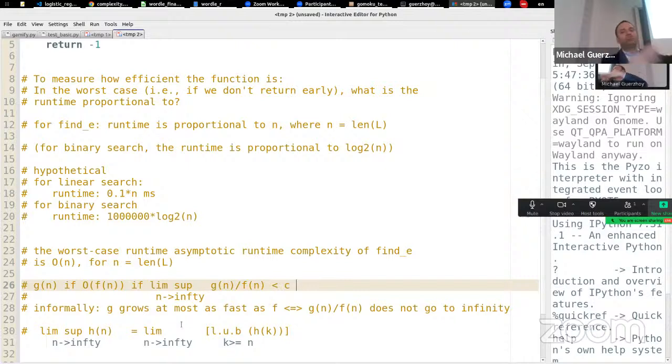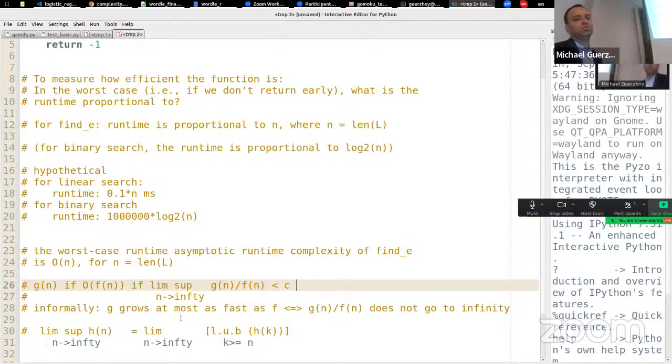Imagine g is sine and f is cosine. The ratio is going to oscillate, though both are limited to between -1 and 1. The lim sup makes it more robust, essentially. If you don't understand this, that's fine.